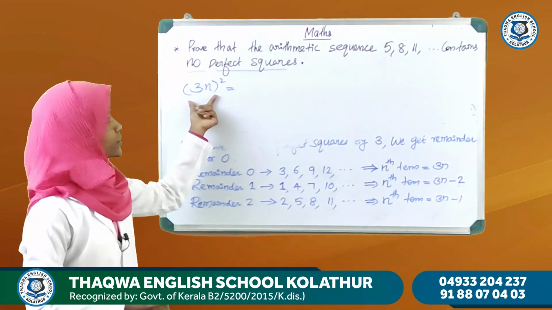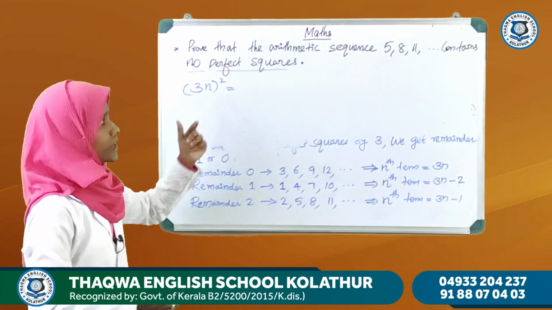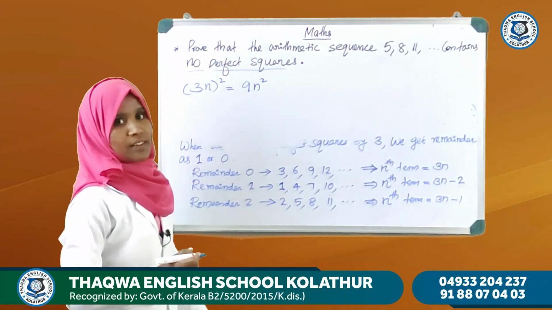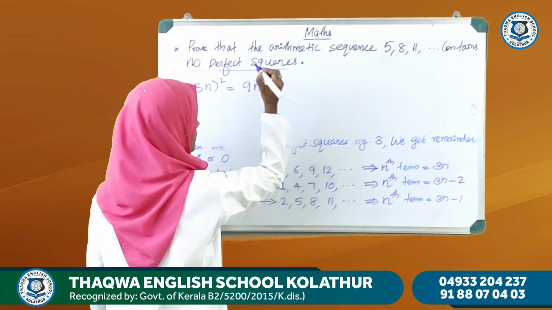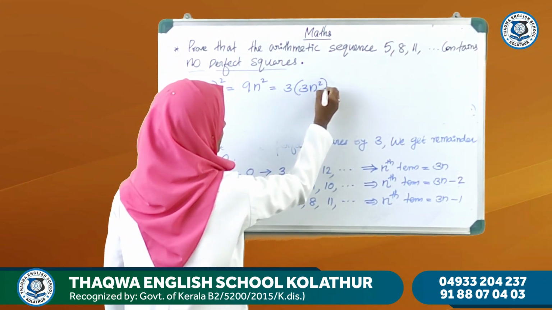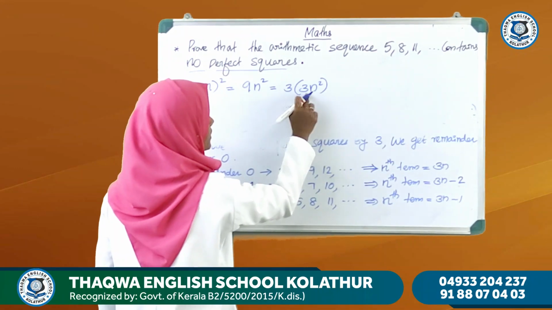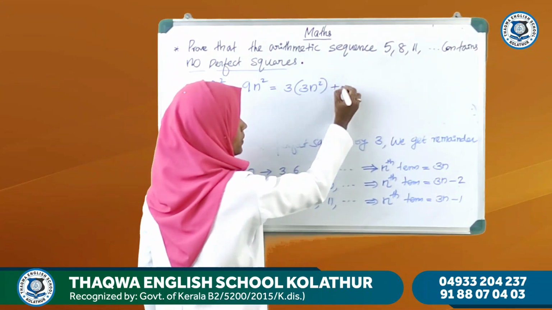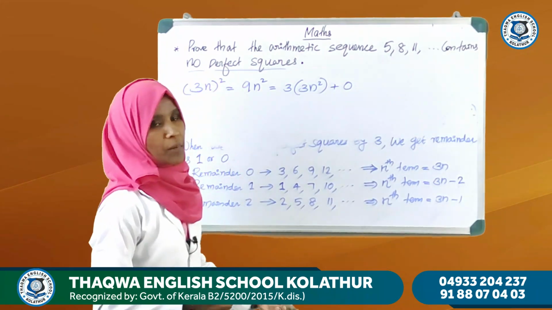What is the square of this 3n? This is 9n square. It can be written as 3 into 3n square. 3 into 3, 9, that is 9n square. Plus 0. There is no number.